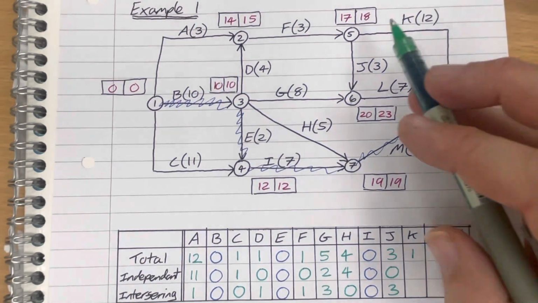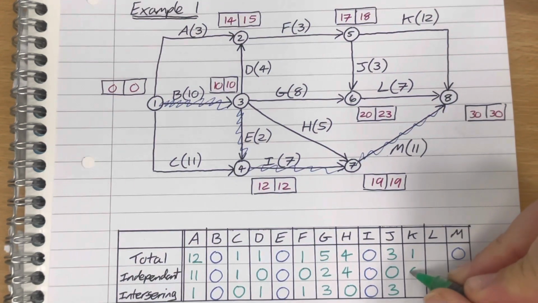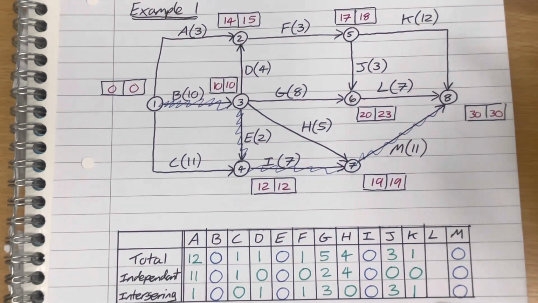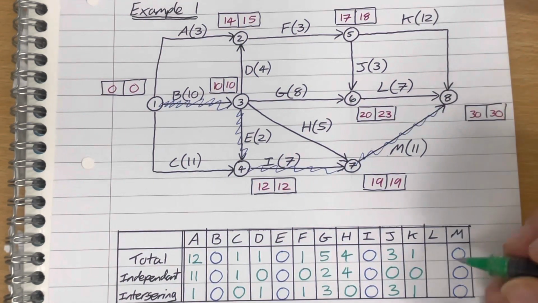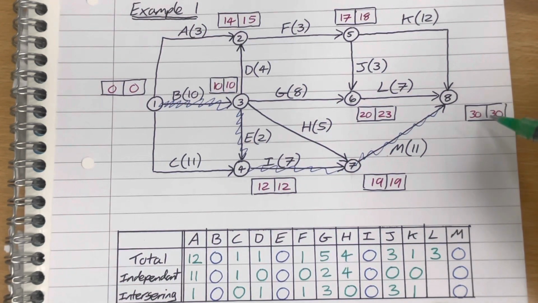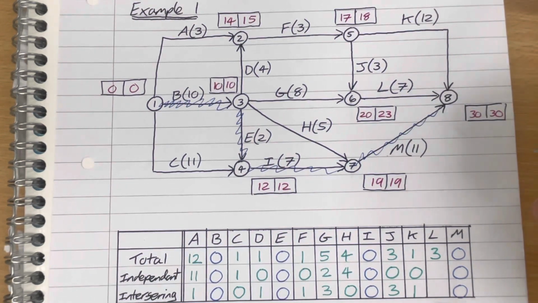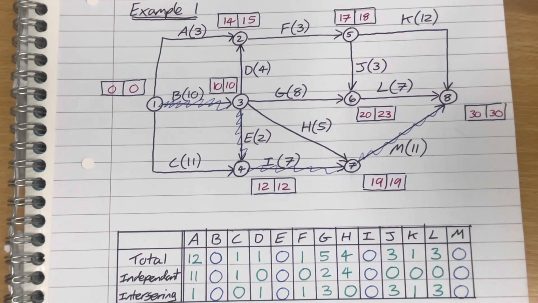Independent float, 30 minus 18 is 12, minus 12 is 0, so it's got no independent float, which means it's interfering. And finally, L, 30 minus 20 is 10, minus 7 is 3, so it's got a total of 3 float. Independent float calculation, you've got 30 minus 23 minus 7, that comes out to be 0, so all 3 of its float is interfering. Okay, so that is the calculation.